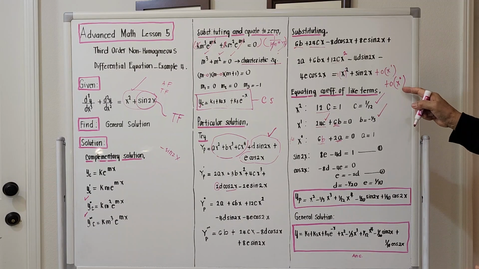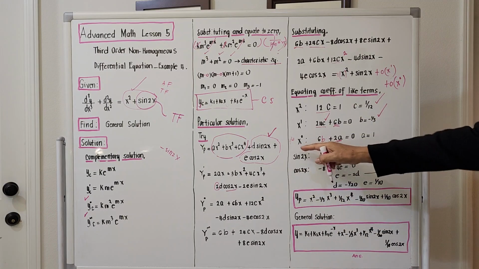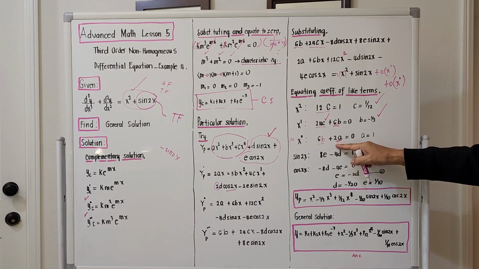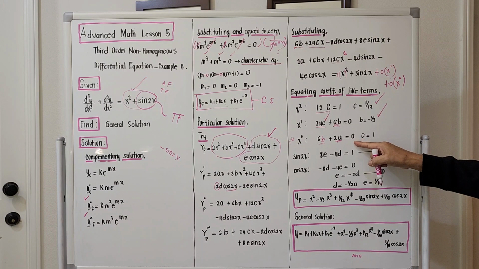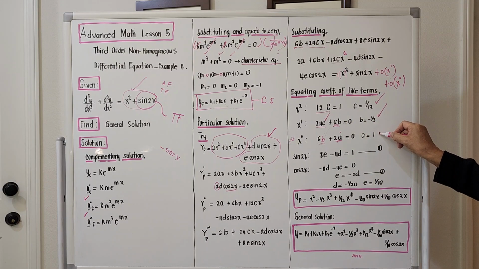So if we equate x to the 0 for both the left and right, what comes out will be 6b plus 2a, and for the right hand side, it should be 0. So this is equal to 0. But we now know b, right? So we could compute for a, and a is actually 1.